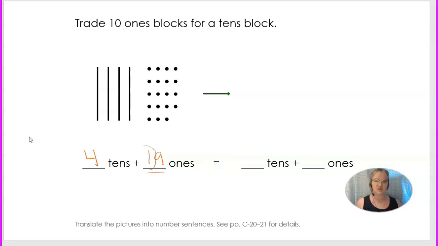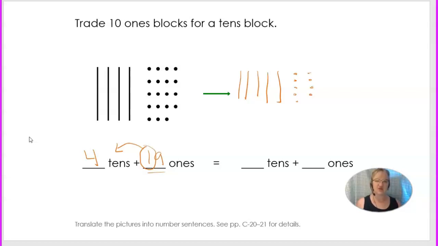So we can take this 10 and move it over. Let's draw it out here. We would have 1, 2, 3, 4, 5 10s, and mine aren't quite as nice as the ones they had here, but we can assume that they're the same thing. And that leaves us with 9 ones. 1, 2, 3, 4, 5, 6, 7, 8, 9.